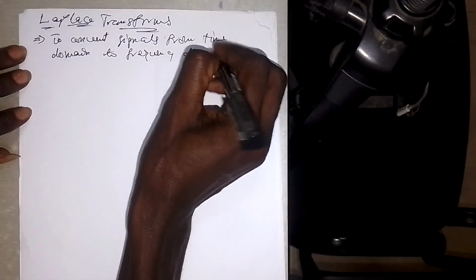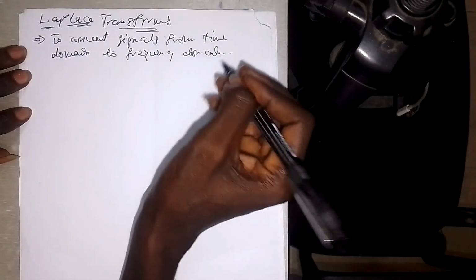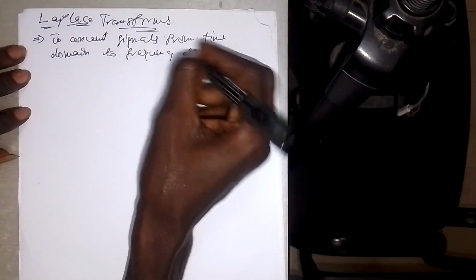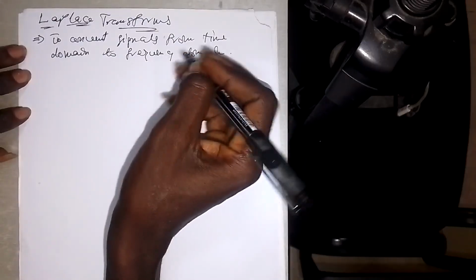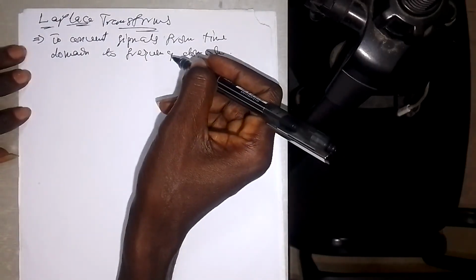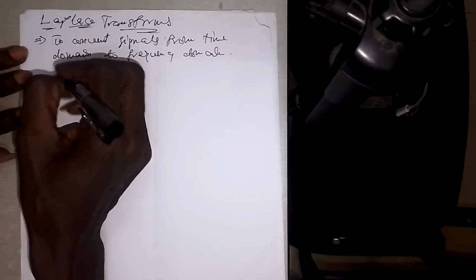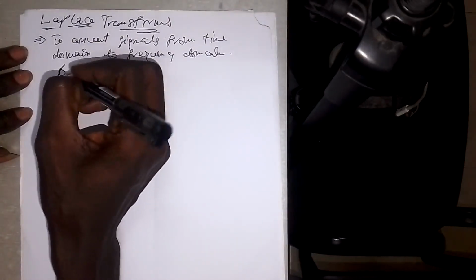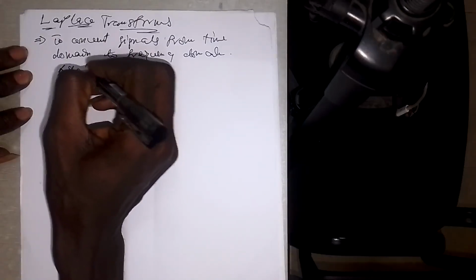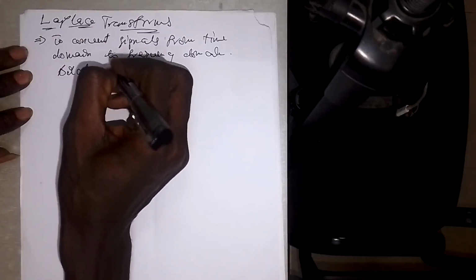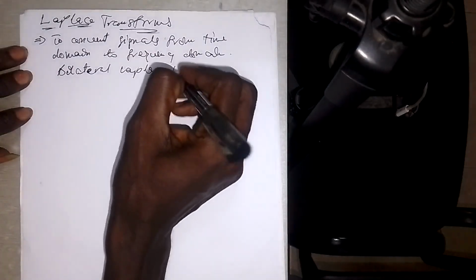Sometimes instead of saying frequency domain, they may say S domain, but basically it's the same thing, to convert from the time domain to the frequency domain. So we have the bilateral Laplace transform.